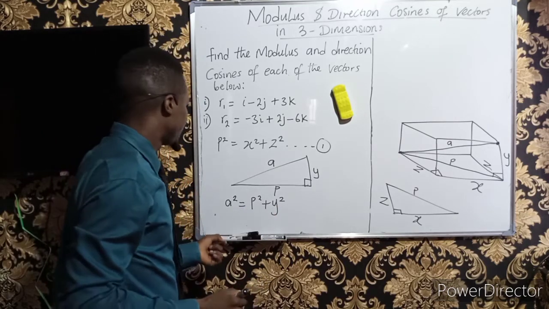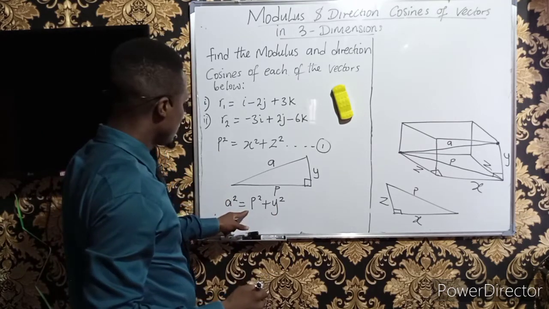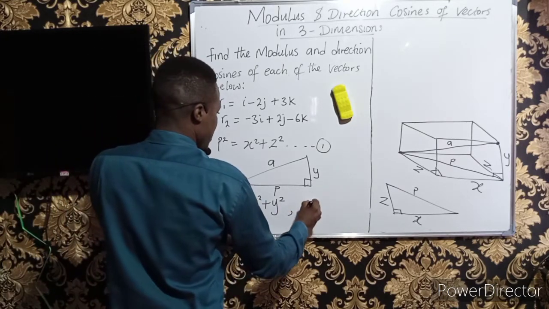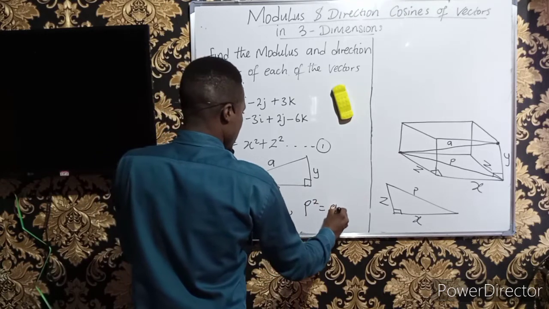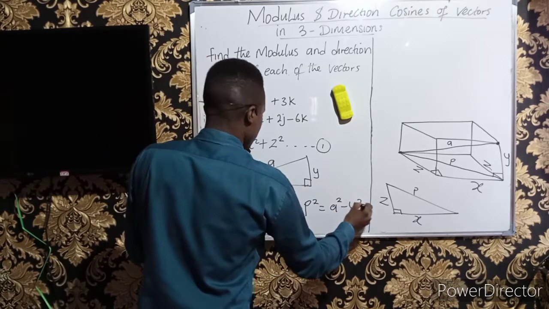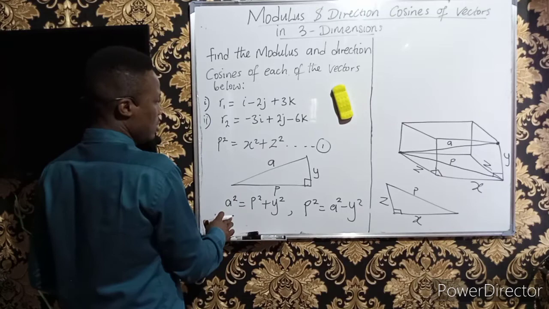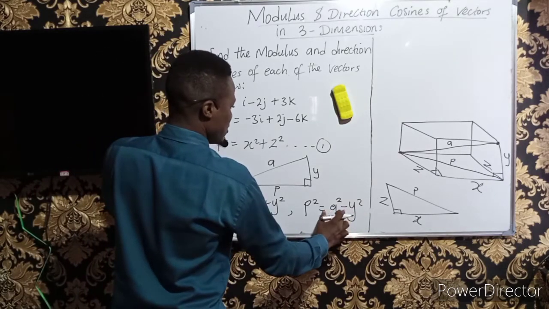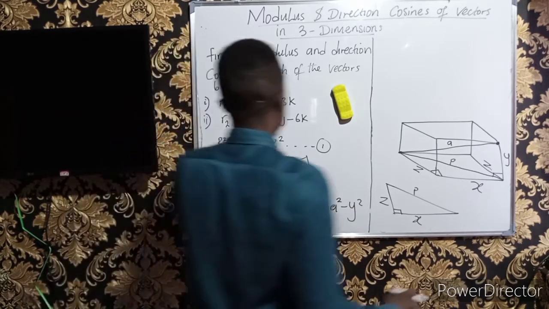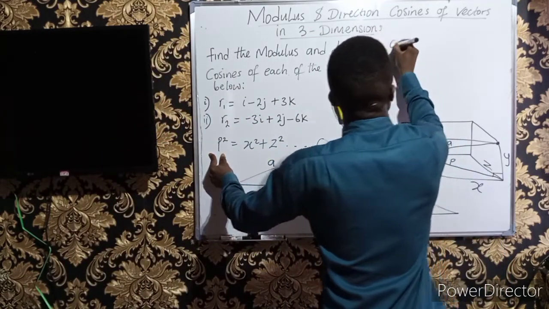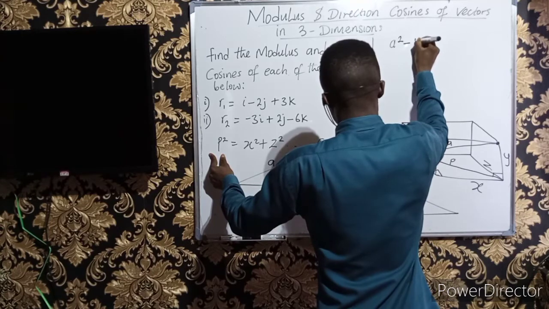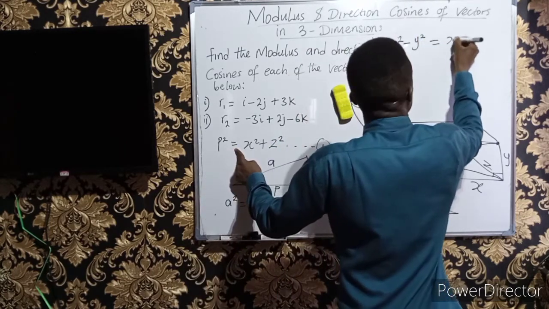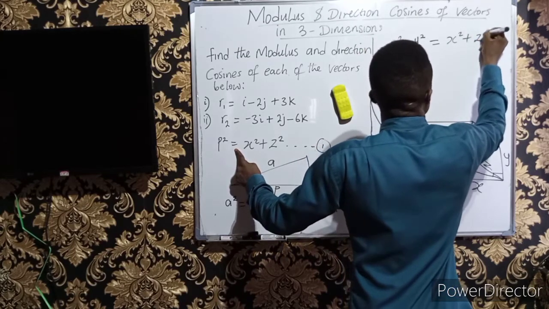Now from here we can see p is common. So let me make a value for p. Making p the subject here, I'll have that my p squared will be equal to A squared minus y squared, because when this y comes here, it becomes minus. So this particular point that I'm seeing, p squared, I will just put in A squared minus y squared. So coming here, p squared, I'll write A squared minus y squared, which will now represent p squared equals x squared plus z squared.